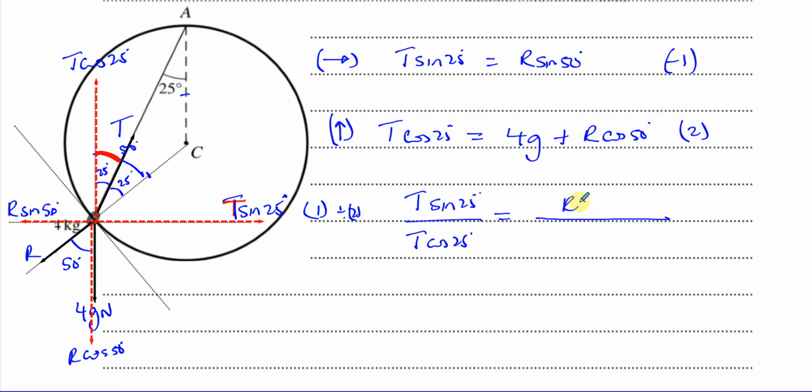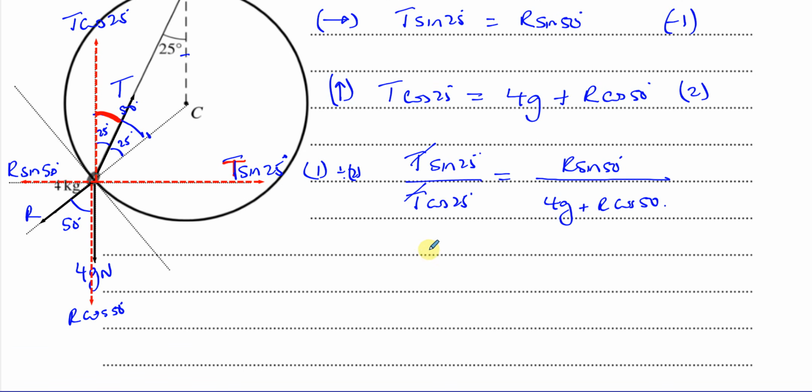I have R sine 50 over 4g plus R cosine 50. So what's going to happen here, the T's cancel out, and we know that sine 25 over cosine 25 gives us the tangent of 25. They're the same angle, and we should know that from our work in P1. So tan of 25 equals R sine 50 over 4g plus R cosine 50.